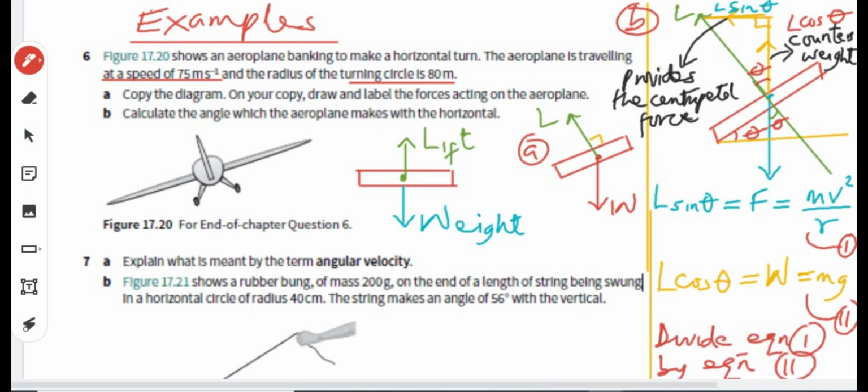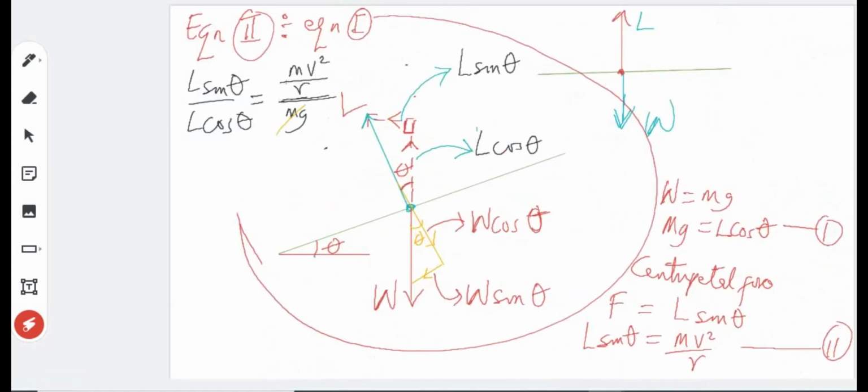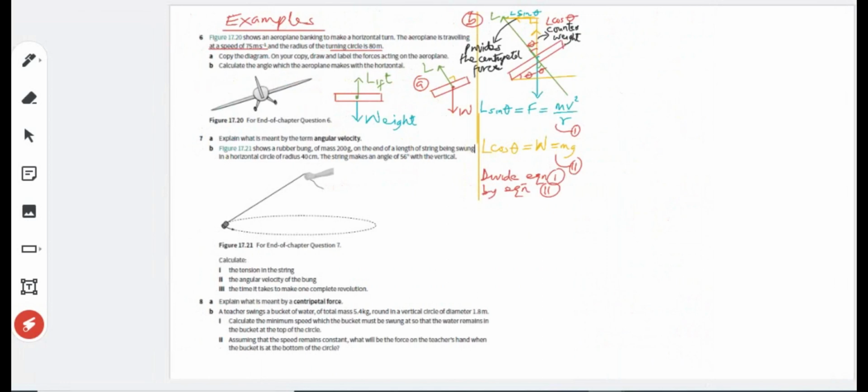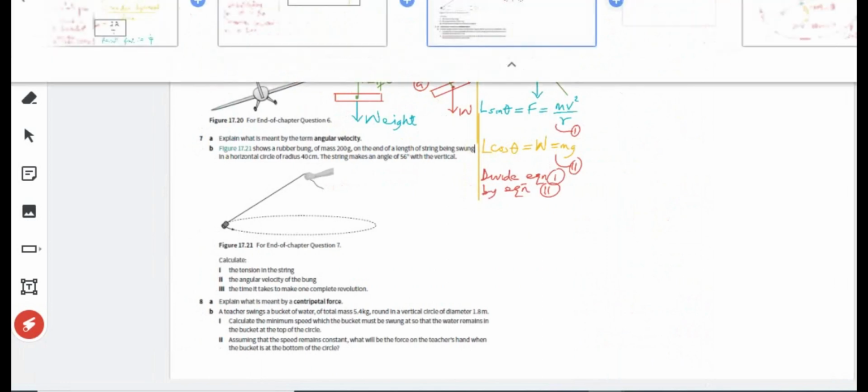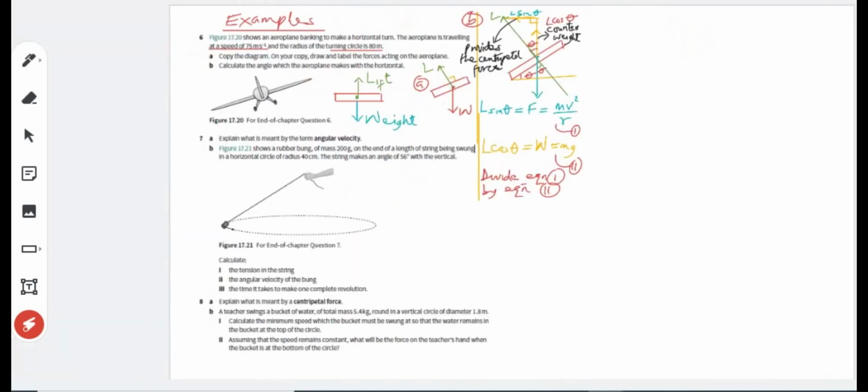Equation 1 on the left hand side is L sin theta, and on the right hand side is mv squared over r. Equation 2 on the left hand side is L cos theta, and on the right hand side is mg. We'll go to the next page and do that.